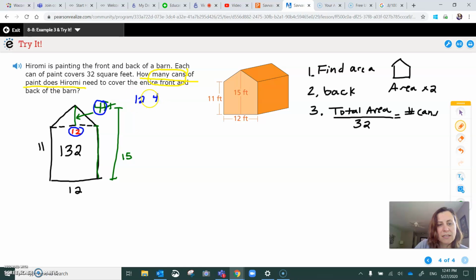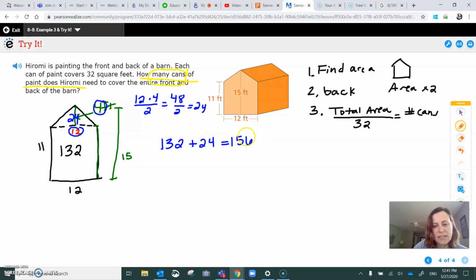Base times height divided by 2, which is 48 divided by 2, which is 24. So the front of the barn is 132 plus 24, which is 156 square feet, or feet squared.